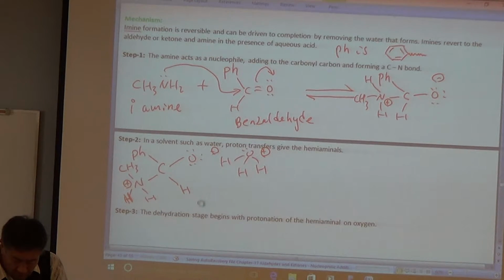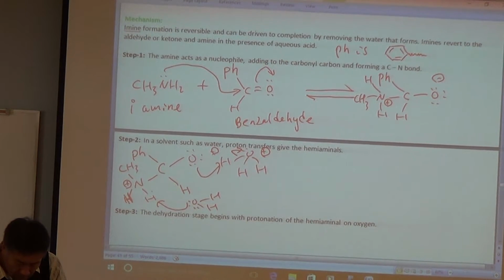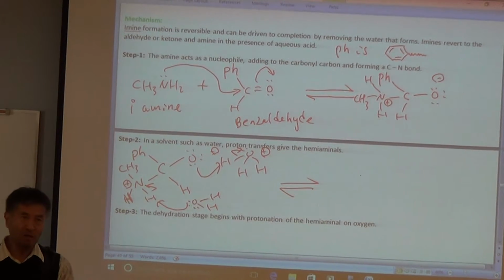So use acid to do the protonation, then use water to do the deprotonation. Make sense? So this comes from here, and this comes from here, and then this goes there, and this goes back there. So as a result, it's a kind of proton switch.